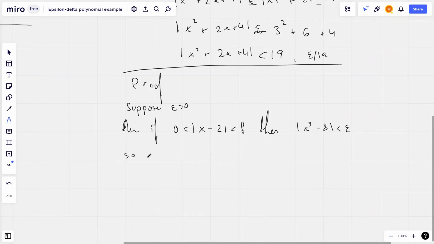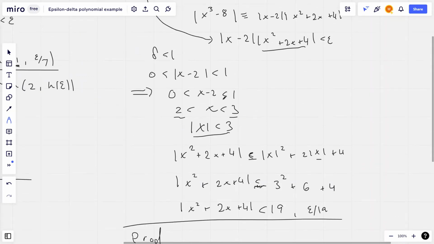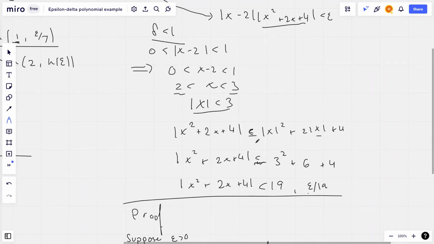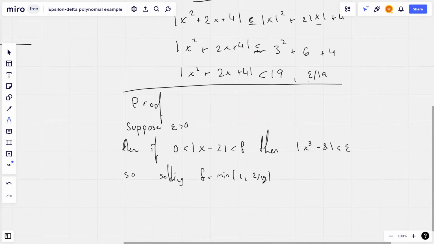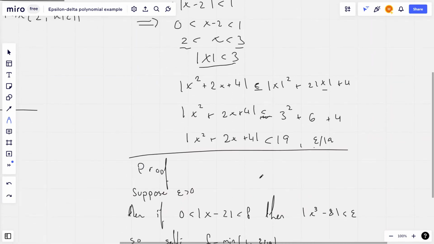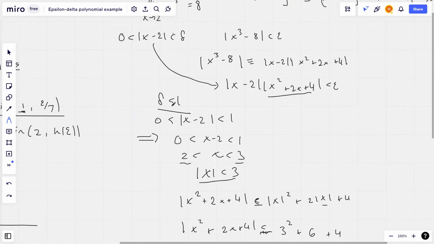So setting delta to be equal to the minimum between 1 and epsilon over 19, for the same reasons as before, because this assumption that delta is less than 1 led us to epsilon over 19, so we want to take the minimum value between 1 and epsilon over 19, because we don't want epsilon over 19 if we have a value greater than 1.